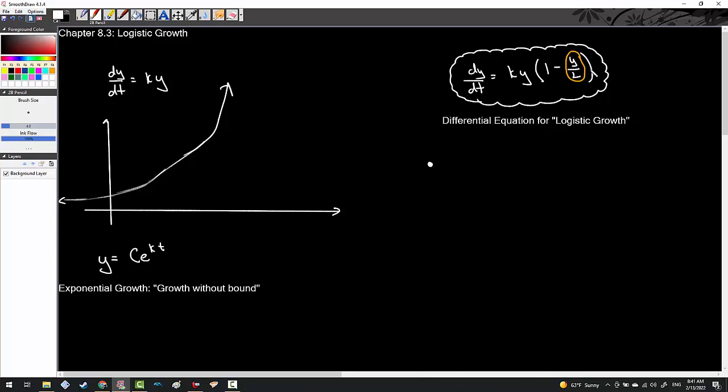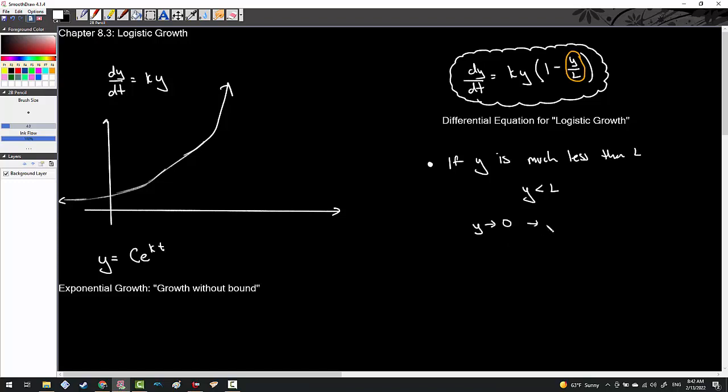If we look at the relationship between them, if y is much less than L, think about what happens. I would encourage you, if you want to, hit the pause button and see if you can think about what would happen to this differential equation if y was less than L. In other words, if y was to approach the value 0, what would happen?